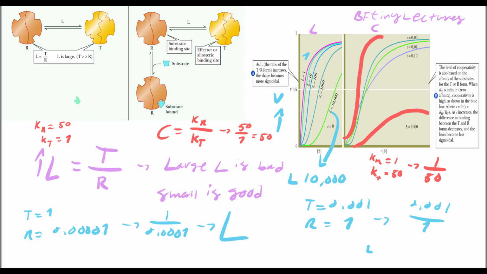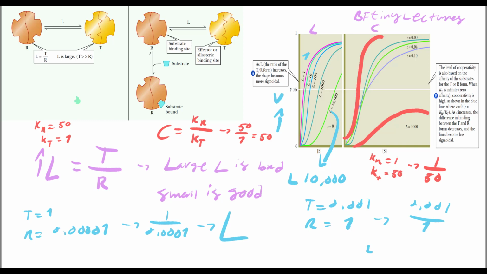Okay? So what does that mean? It means that in your system, you have a ton of relaxed enzymes that have a lot of love for the substrates. Whenever you have a lot of enzymes that want to react, you're going to make a bunch of products really quickly. And it adds up very nicely, conceptually. Okay? So that's essentially the concerted method with L values and C values, and also the dissociation constants.